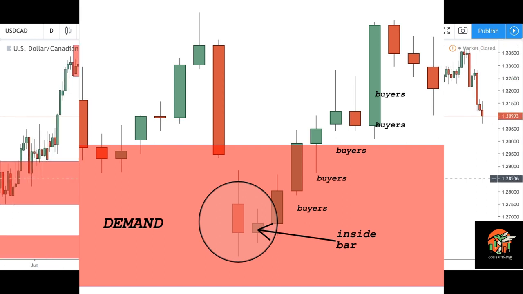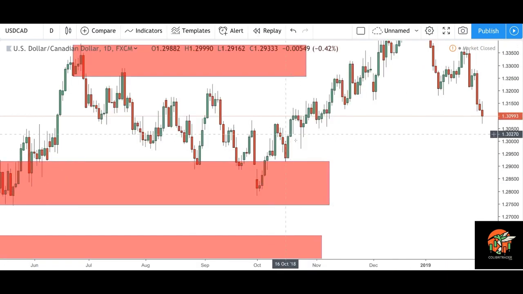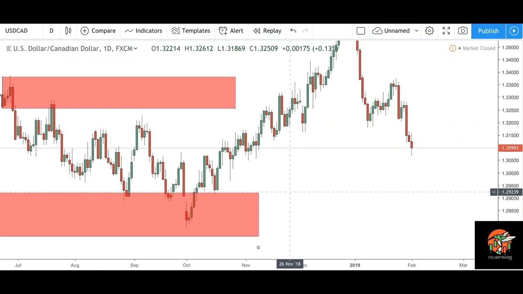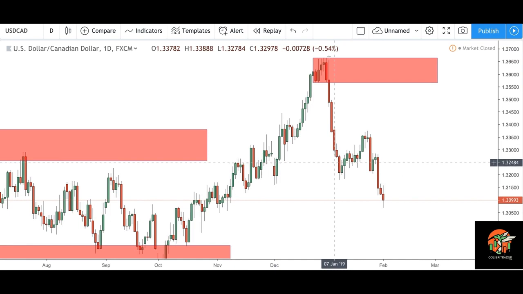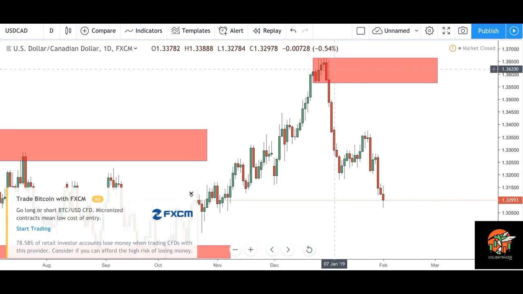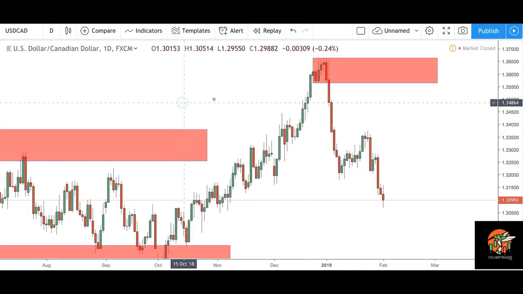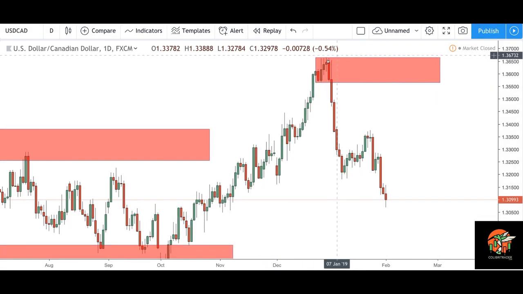Then there was a retest here by this bullish engulfing pattern, and then another bearish rejection candle here. After that the price reached the next level, which is the top of the chart, and a very strong supply zone.